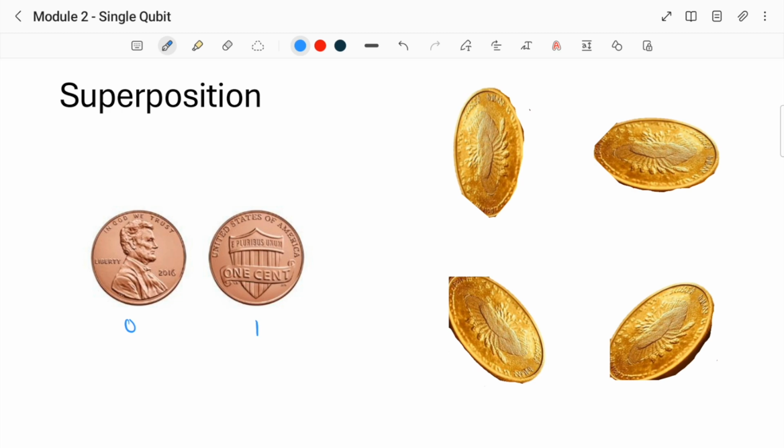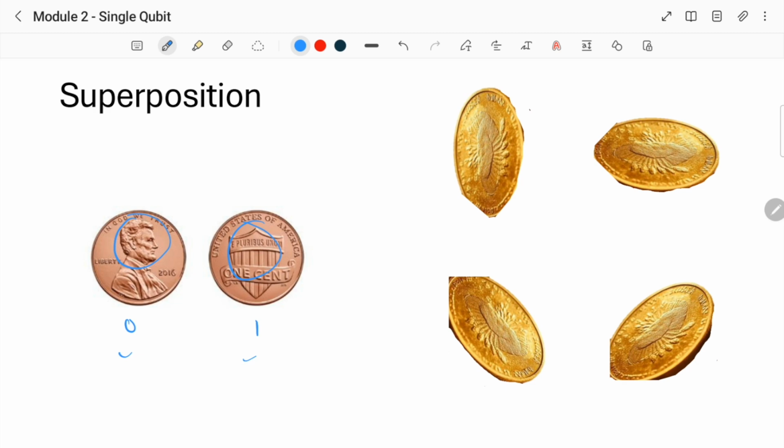When you toss a coin, we know for sure that it will either land heads or tails. Of course, we are assuming that it will land, it won't just stay standing like this. It cannot stay anywhere in between. So it is either 0 or 1.